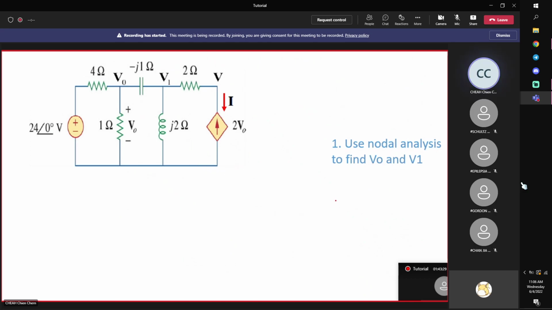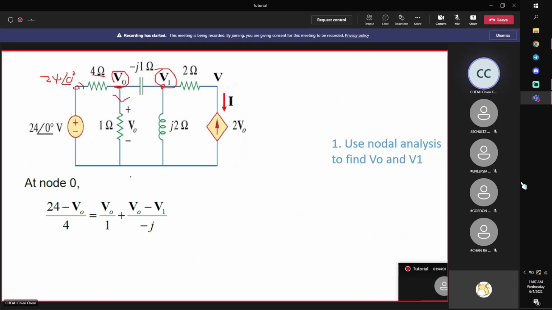So I start with the first step. I'll find V0 and V1 by using nodal analysis. Nodal analysis has node voltages already defined. Then each of the unknown nodes will give you one equation. So you start with node 0, inflow equal to outflow. Inflow, this node voltage is 24∠0. 24∠0 minus V0 divided by 4 is the current flowing through the 4 ohm resistor.